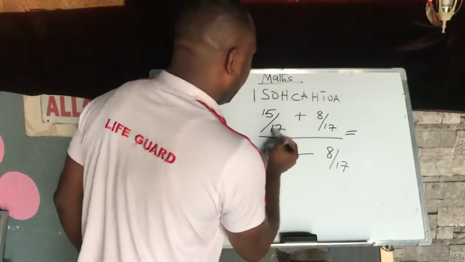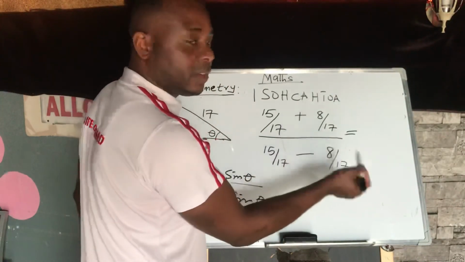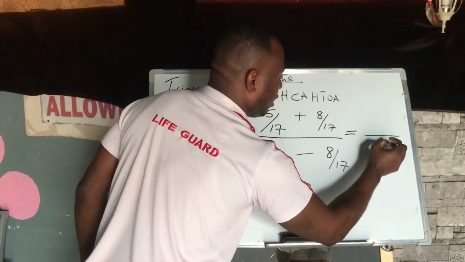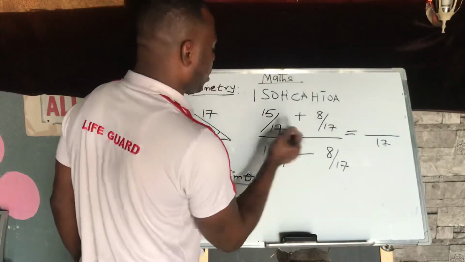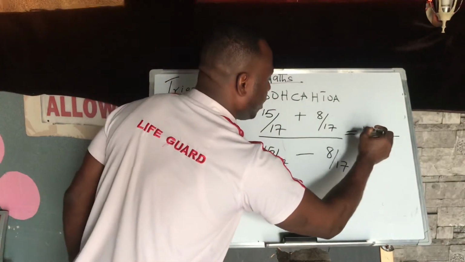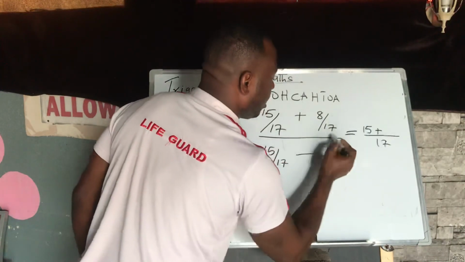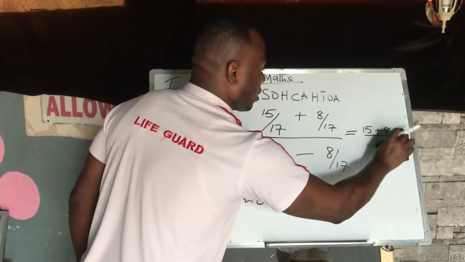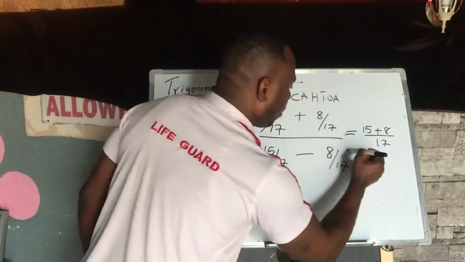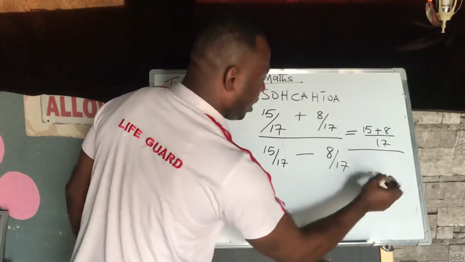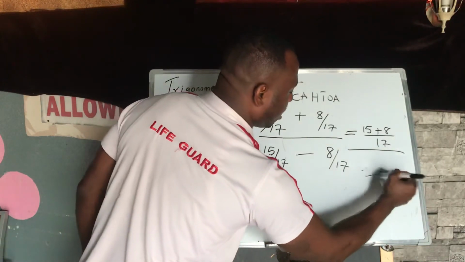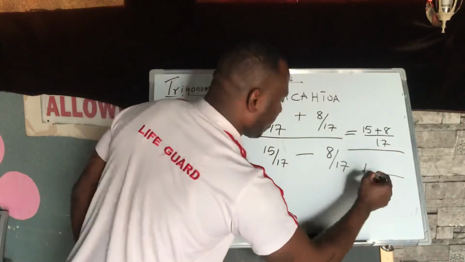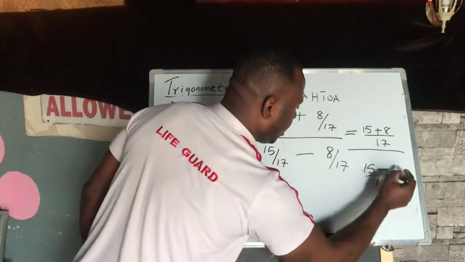So now, the LCM between 17 and 17 is 17 because they are the same. Let's do it like this: 17. So when this is divided, 1 times this is 15, plus the same, 1 times 8 is 8. So all over the same LCM, which is 17. So 15 minus 8.